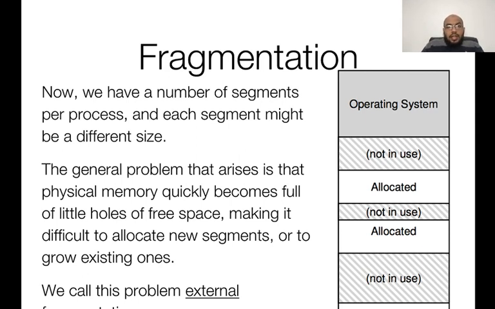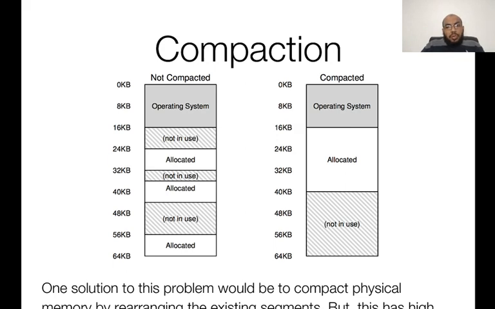Okay, so one solution that people might think of is trying to do compaction or defragmentation, which was a very famous thing that you would do on hard disks back in the days. Every now and then, to make your computer faster, you needed to do defragmentation. This is no longer the case. If you have been living through these days, when you needed to defragment your hard disk, one way to defragment the memory is to compact it this way, by rearranging existing segments.